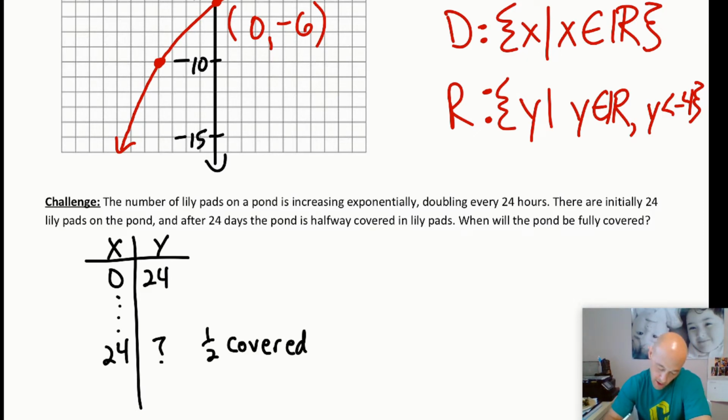And so the question is, when will it be fully covered? So after how many more days, it'll be some number, and it'll be fully covered. This is a tough problem.